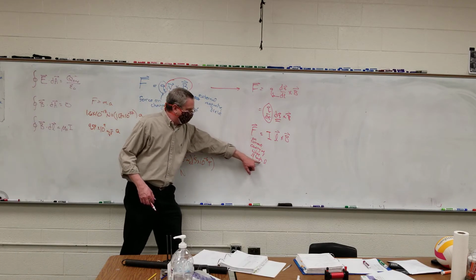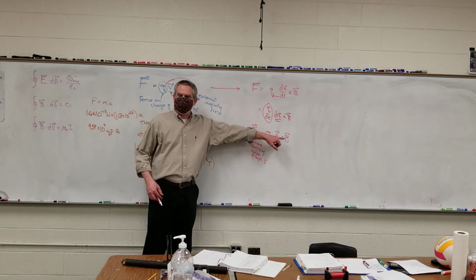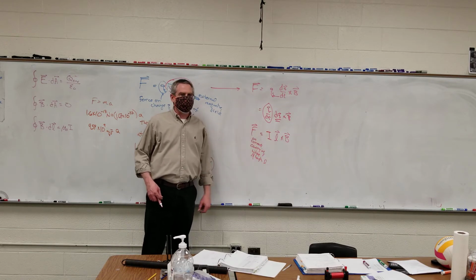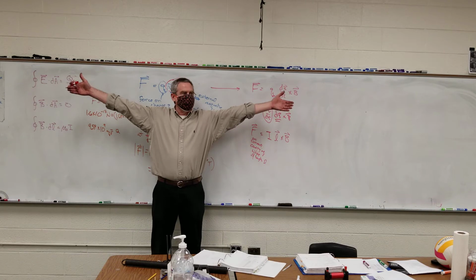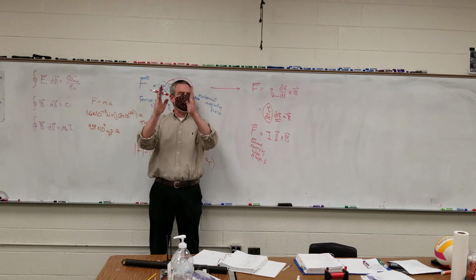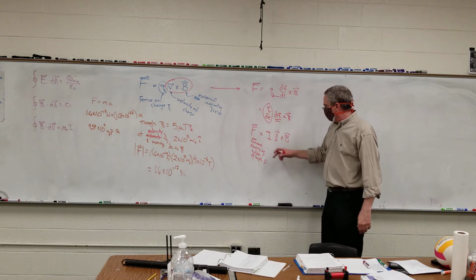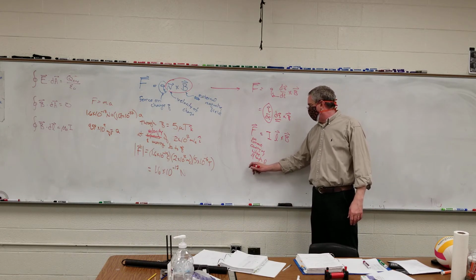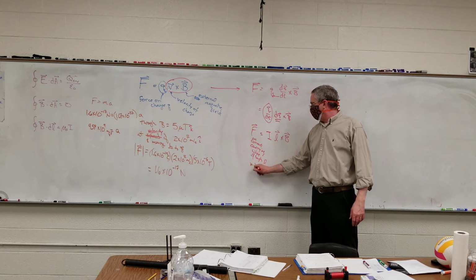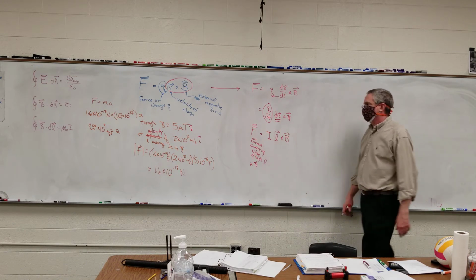Just recognize this is the length of wire L that is going through the magnetic field. So if I got a wire this long, but my magnetic field only covers this much of it, all I care about is the part going through the magnetic field. So one current carrying wire of length L in B. That's clear.